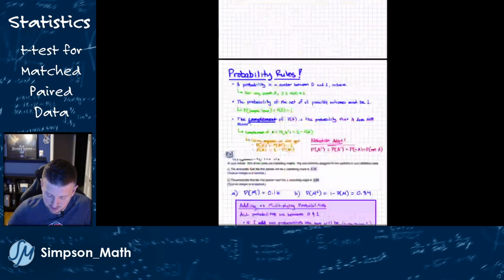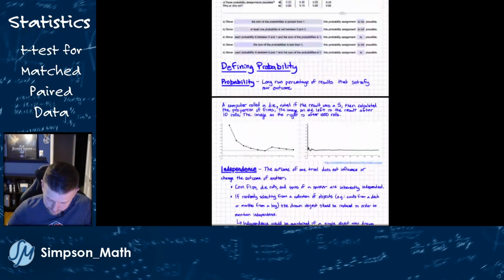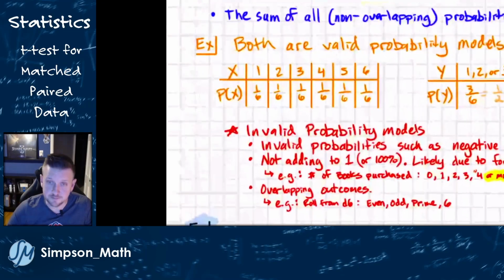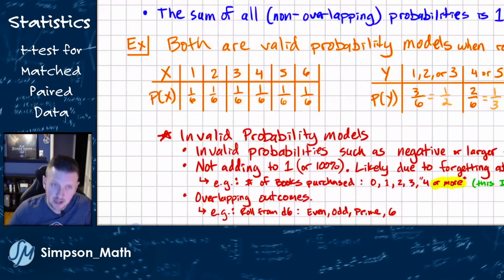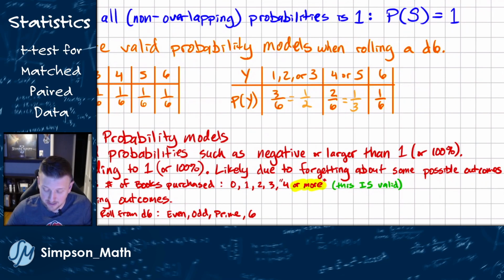So in a previous video, I talked about these probability models like this. If I'm rolling a six-sided die, I can't get a 1 and a 2 at the same time. So getting a 1 and a 2, they're disjoint events. In fact, all 6 of these are disjoint events from each other. I could say, oh, I want to get a 1, 2, or 3.